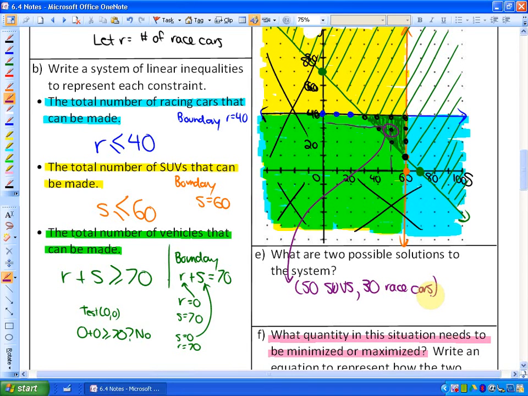That's less than or equal to 60 SUVs, that's less than or equal to 40 race cars, and that's more than or equal to 70 in total. Another possibility would be this one here. That would be 60 SUVs and 30 race cars. So there's many combinations within that solution region that would meet that criteria.